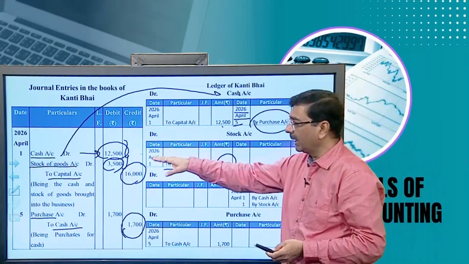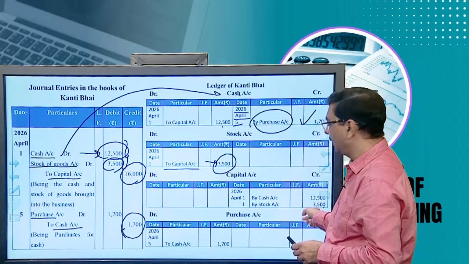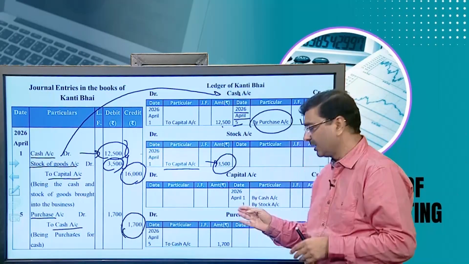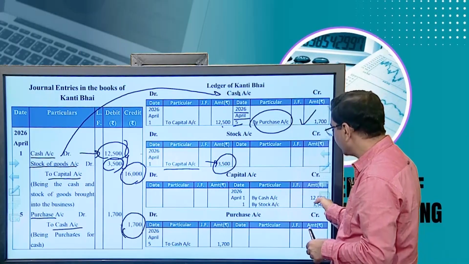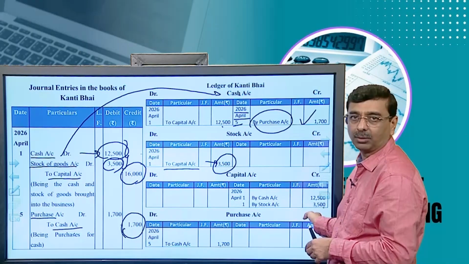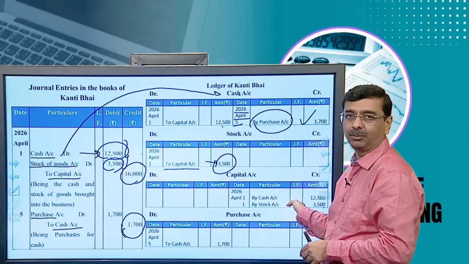If there was only one account, then the total amount would be written. Here we write 2 accounts, and both have a different name. That's why both accounts are written along with the amount. If you want, you can write the total 16,000 in the outer column, write both amounts in the inner column, then make a total in the outer column of 16,000. But this is the right way to post this transaction in the books of accounts.